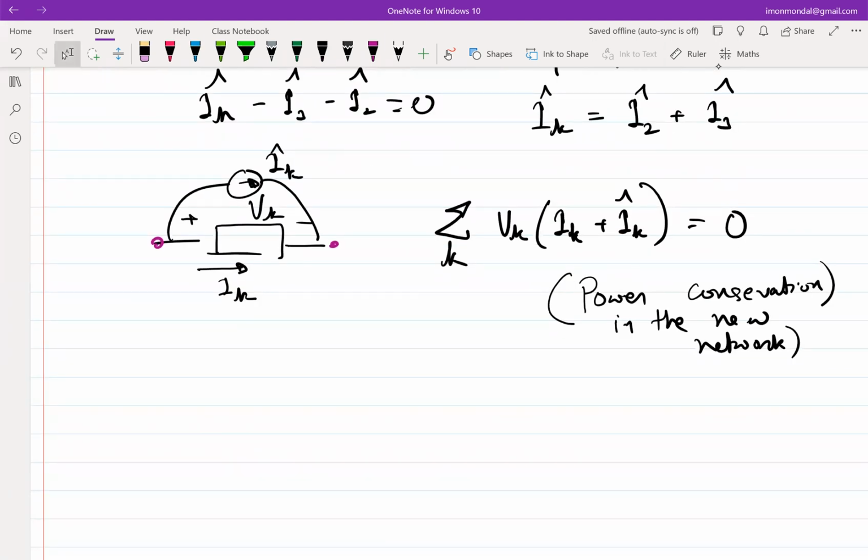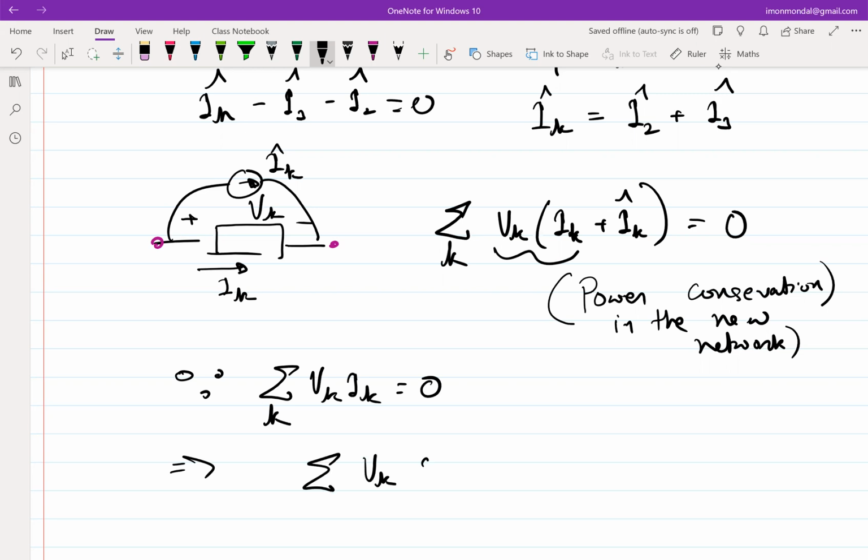Now note that Vk times Ik summation over all k was 0 anyway, because the original network had this condition. So since Vk times Ik over all k was 0 in the original network, this implies the summation of Vk times Ik hat over all k will be equal to 0.